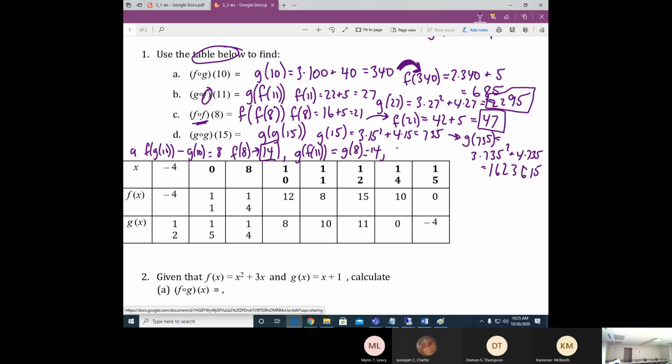So there's that answer. F of f of 8 is the same as, well, f of 8 is 14, is the same as f of 14. And f of 14 is 10.